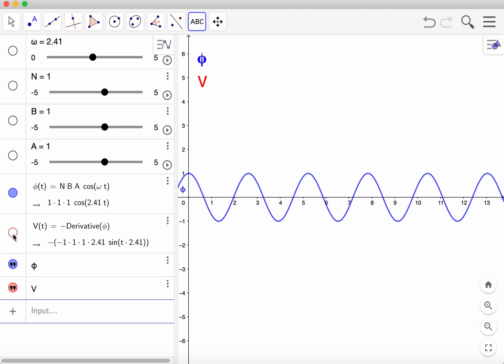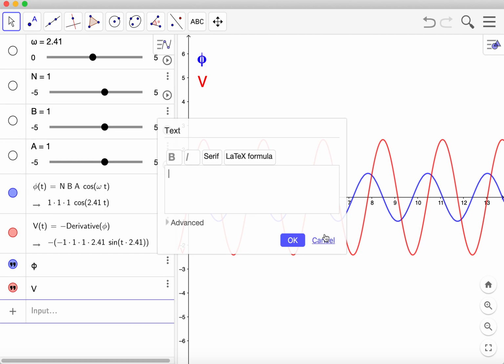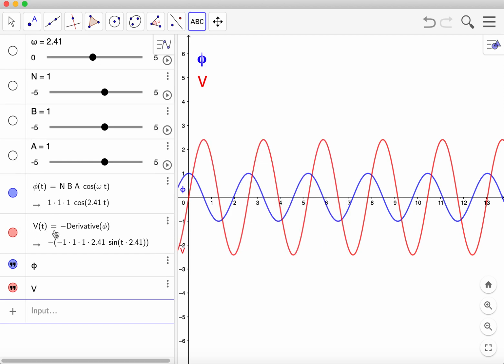So let's just plot that here. Using GeoGebra we can quite simply plot that using the function derivative. So wherever we have a maximum in the graph of magnetic flux, we have a 0 in the graph of induced EMF or voltage. Wherever we have a minimum in the graph of magnetic flux, we have a 0 in the graph of EMF, and so on.